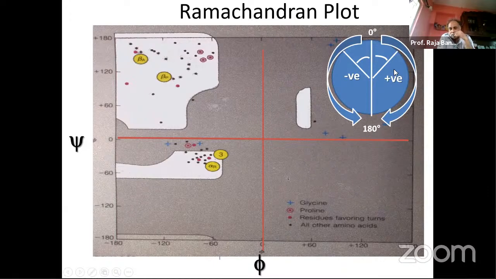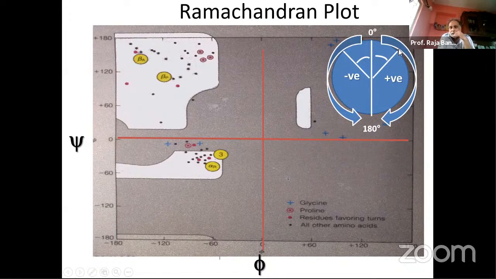The first, right-hand part is positive. So if you move from 0 in the clockwise direction, you will get plus 180. You can move that way also, and you are reaching 360. But if you go in a backward direction, the anti-clockwise, you will get 0 to minus 180.